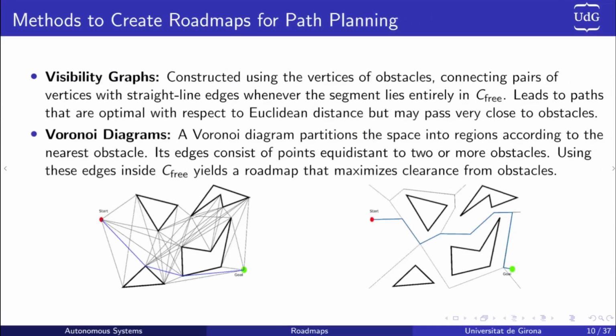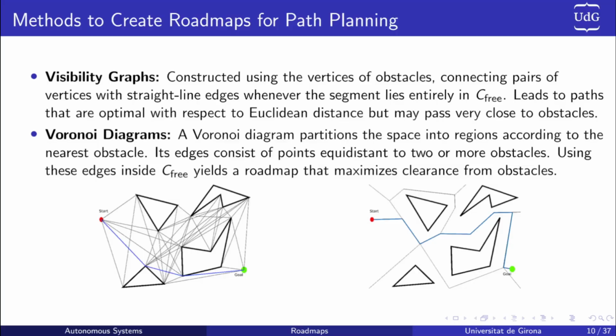Another kind of diagram that we are going to explore a little bit is the Voronoi diagrams. These are like the opposite of the visibility graphs because they build roadmaps in which the paths pass as far as possible from any obstacle. Then these paths are not optimal at all, but they ensure that we are very far from obstacles.